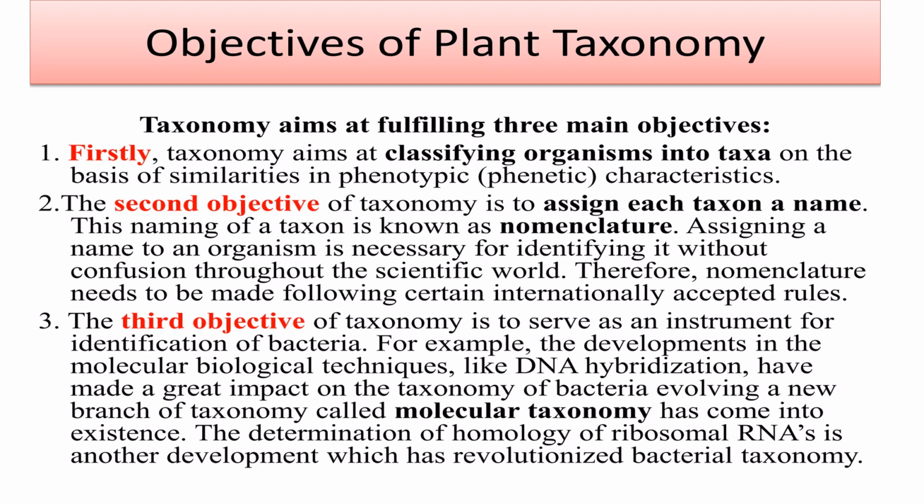Whereas in bacteria, microorganisms, it needs a little more taxonomical variation, that is molecular taxonomy. So with that, homology of ribosomal RNA is another development which has revolutionized bacterial taxonomy.